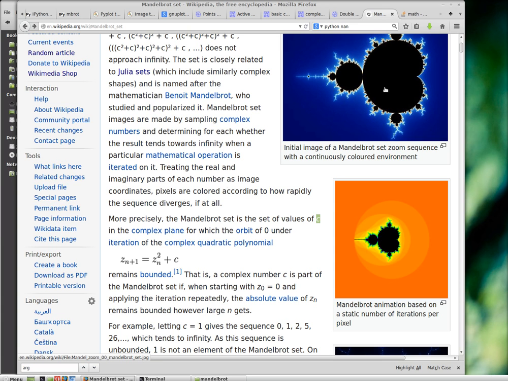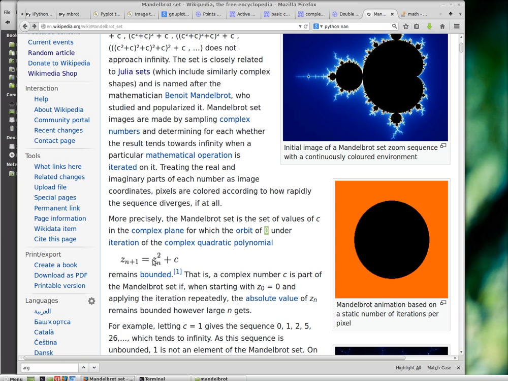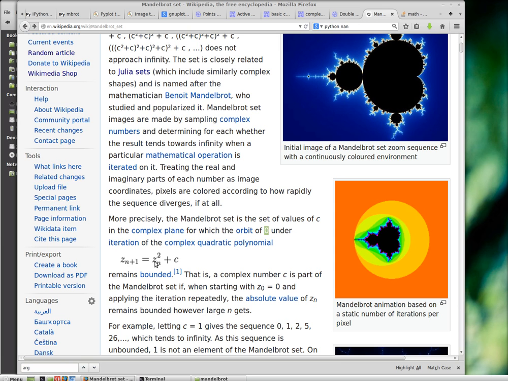The Mandelbrot set is some points in the plane C, and C gets to go into the Mandelbrot set if C is well behaved under iterating this operation. So initially Z is 0, and then you make a new Z by doing the old Z squared plus C.